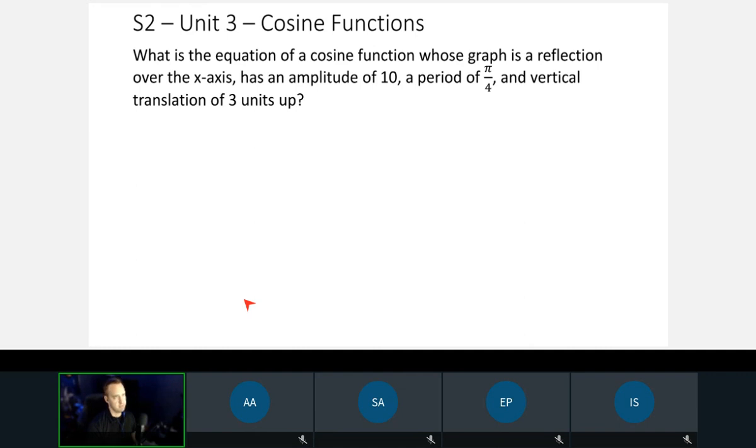I'm going to give you a hint. You need to find your k value. In order to generate this equation, you need to calculate what k is equal to. Once you know what k is, it's pretty easy.